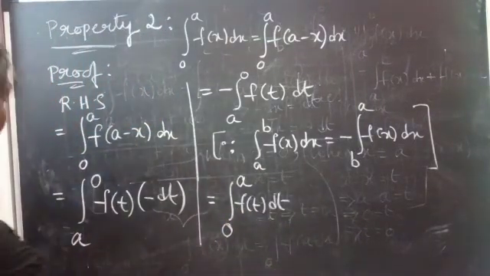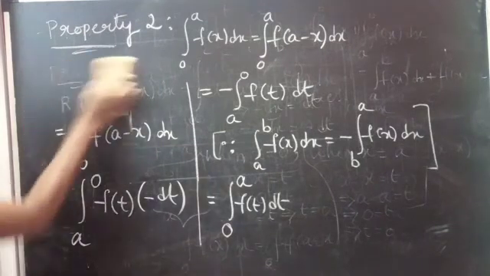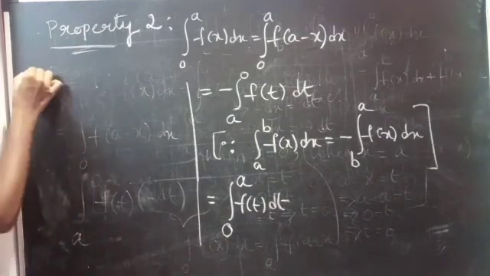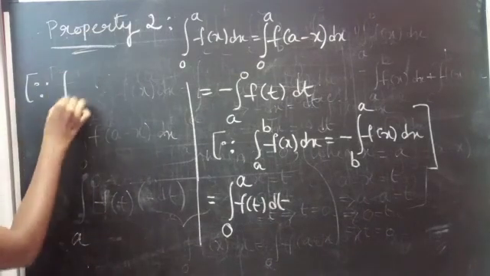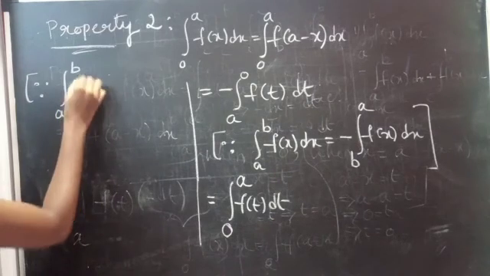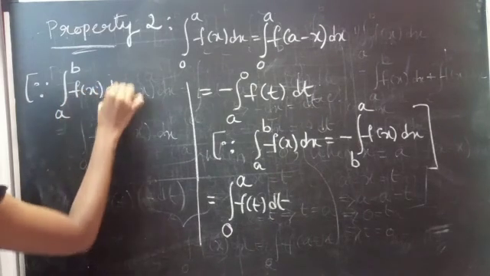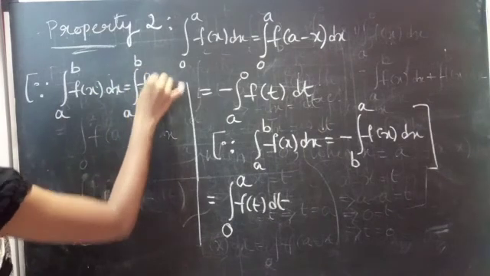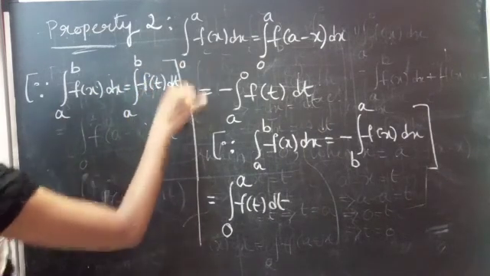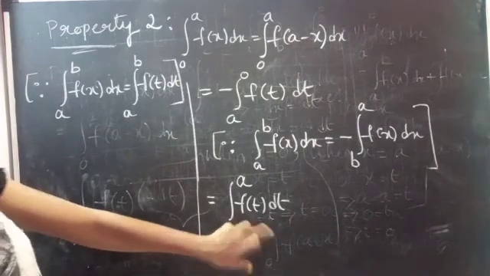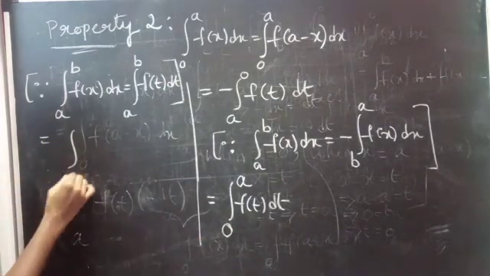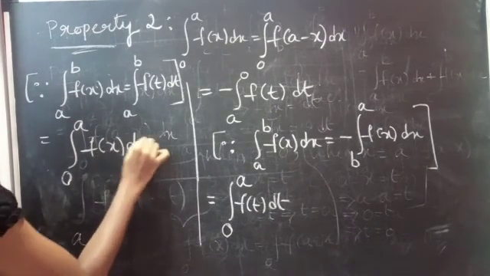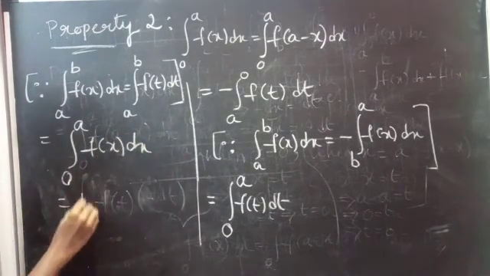Also, you know that integral a to b f of x dx is equal to integral a to b f of t dt. So this is equal to integral 0 to a f of x dx, which is your LHS.